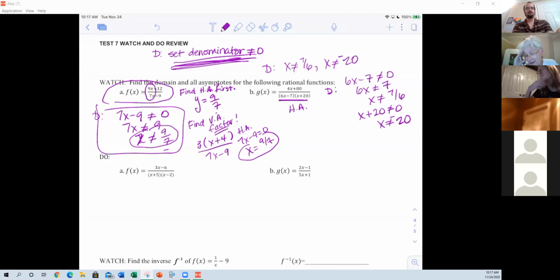What is the degree in the denominator if you multiply the 6x and the x? 2. Yes. So basically here we have a 4x plus blah, blah, blah over a 6x squared. So what happens when the degree in the numerator is less than the degree in the denominator? What's the horizontal asymptote?